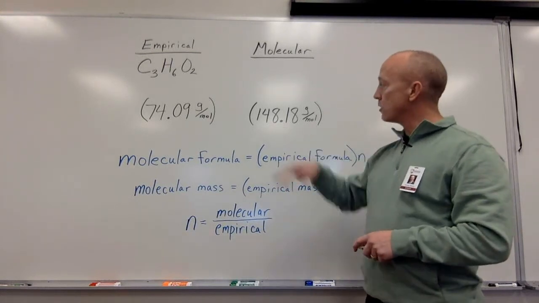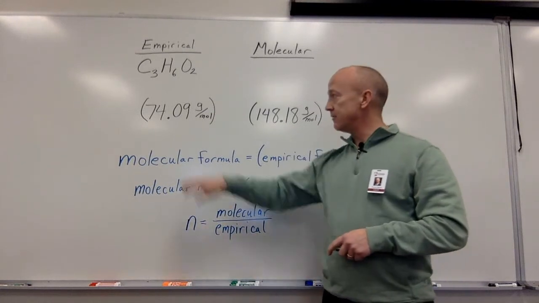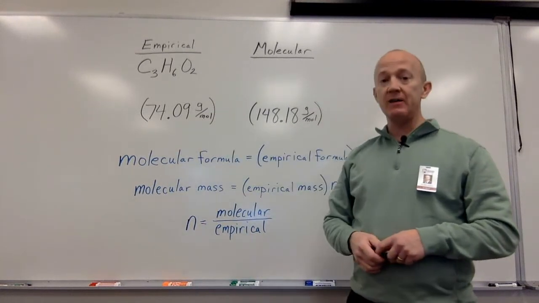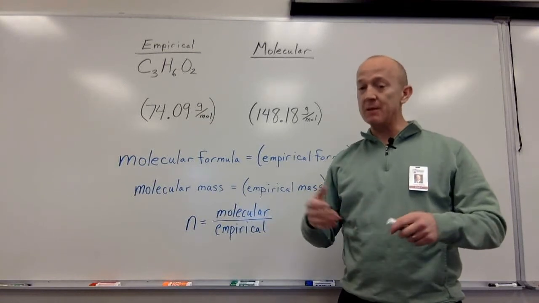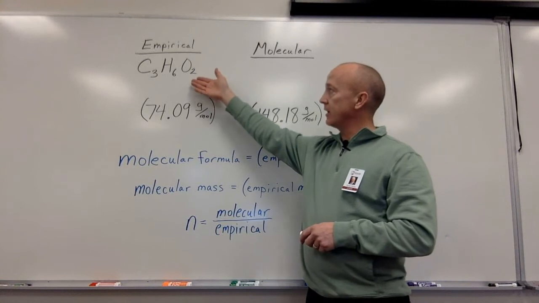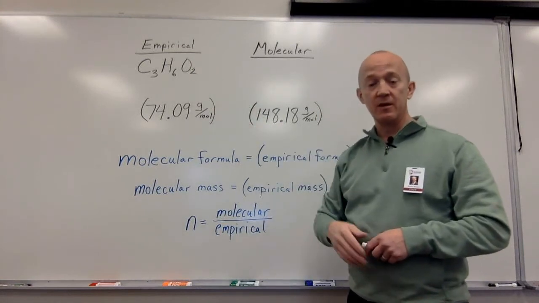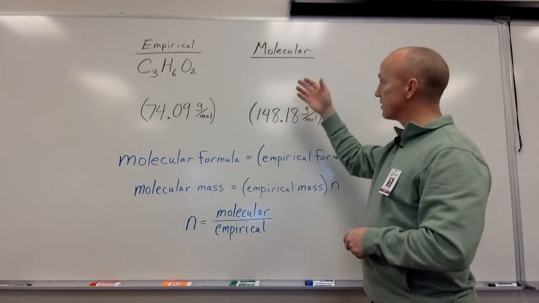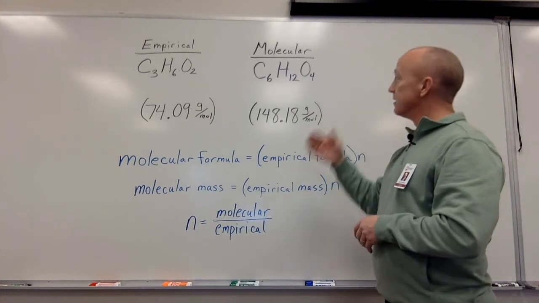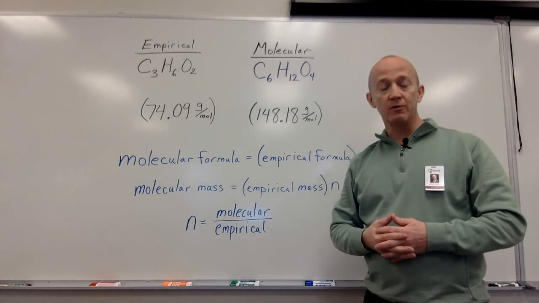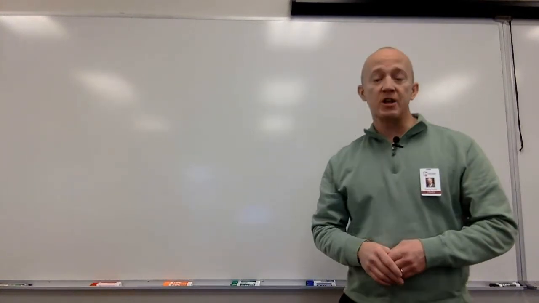In this case, 148.18 divided by 74.09 gives us a value of 2. And what that means is that we'll multiply everything in the empirical formula by 2, and that will give us our molecular formula. So our actual molecular formula is C6H12O4.